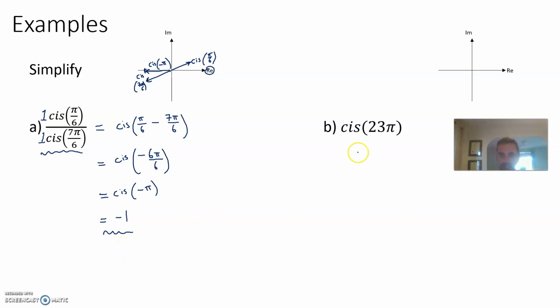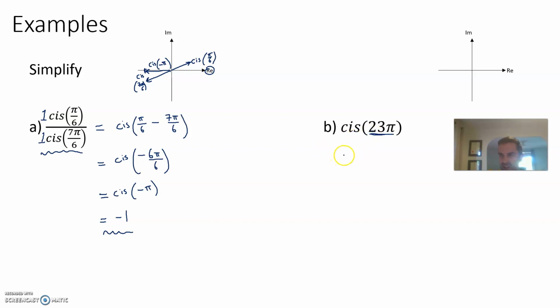Okay, let's have a look at this second example. And I do suggest you copy this example into your book along with the diagram, because it is useful to be able to look at that. So maybe just pause the video if you need to and copy that down. And then we'll have a look at this second example. So now we've got the cis of 23 pi.